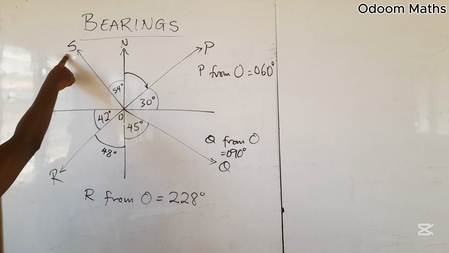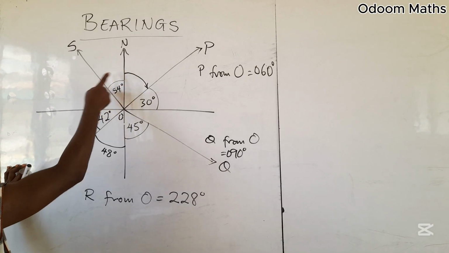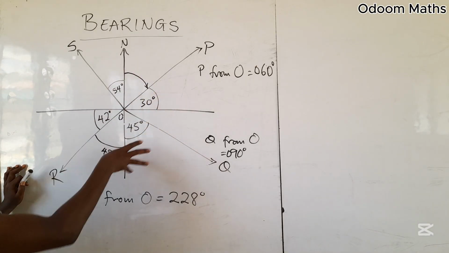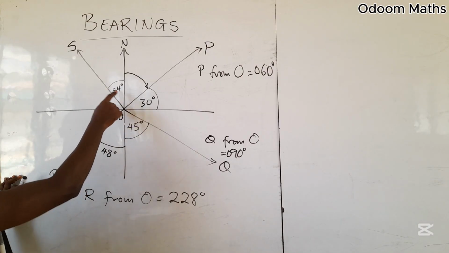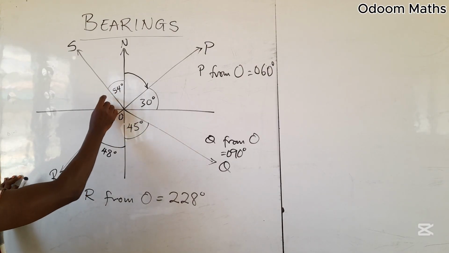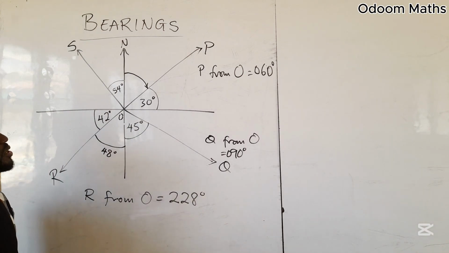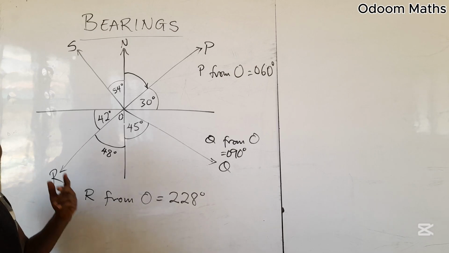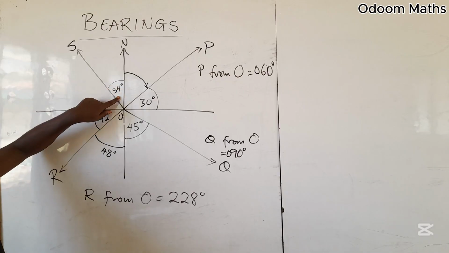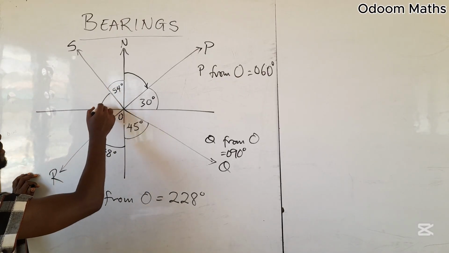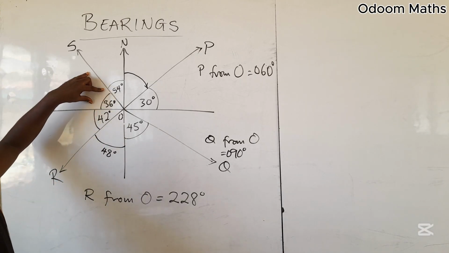Now the last one, the bearing of S from O. Like I said earlier, each quadrant measures 90 degrees. Here 54 has been taken. What's the angle remaining here? Please pause, put the answer down, then we continue. Okay, I hope your answer is as good as mine. 54 from 90 is 36 degrees. So this small place measures 36 degrees.